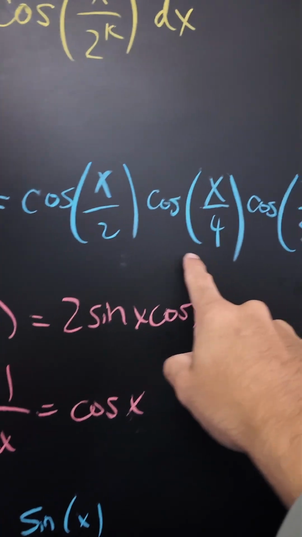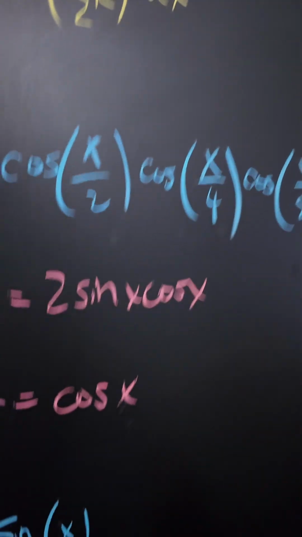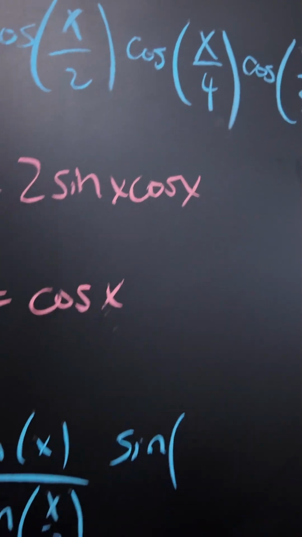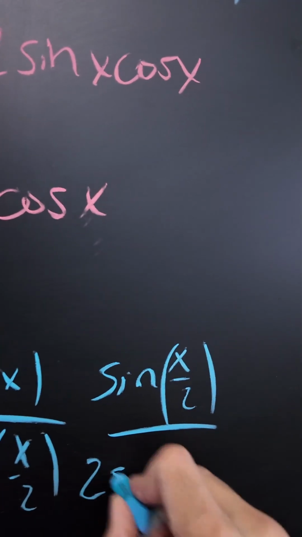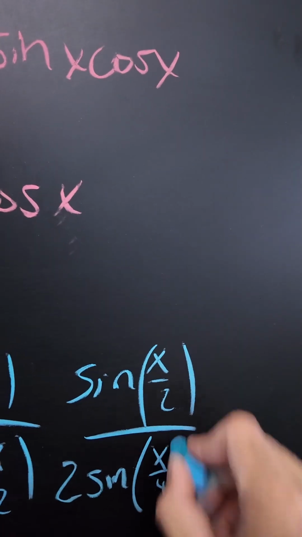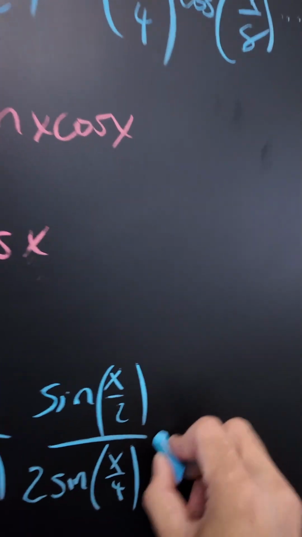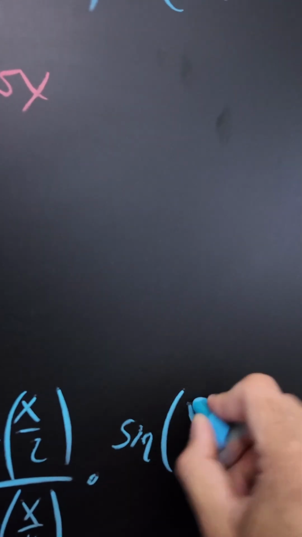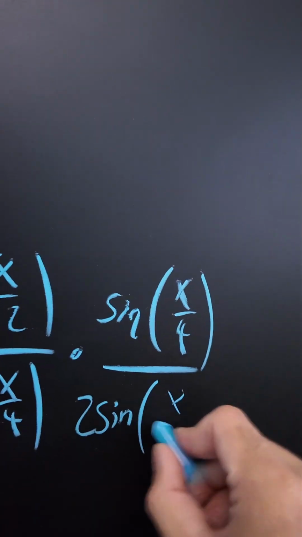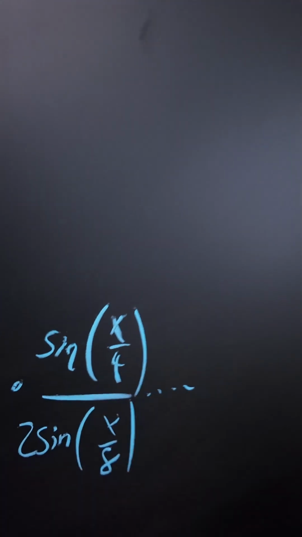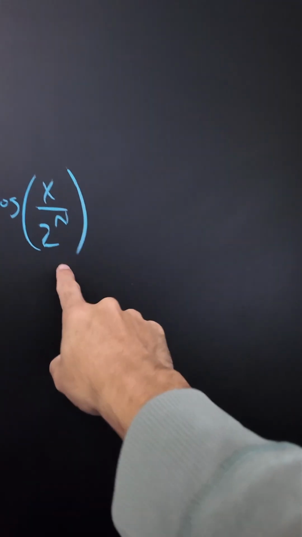We continue this process with this one, and this will be sine of 2 times x over 4, in other words x over 2, over 2 sine of x over 4. And I'm gonna continue that process again, and that's gonna be sine of x over 4 over 2 sine of x over 8. And now if we continue all those terms, then we're gonna be left with this one.